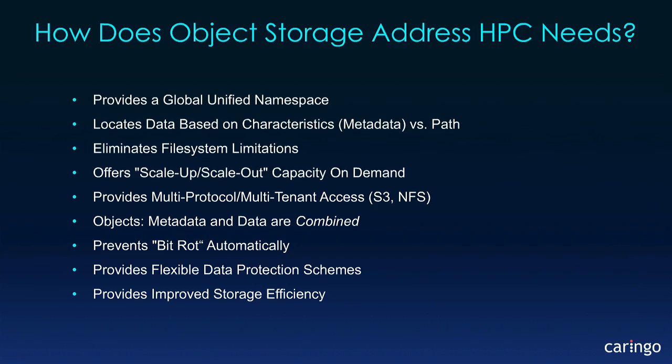Who's the author of it, when was it created, what project is this associated with, which sensor did this come off of, that type of thing. That's what we're talking about with metadata. You want that combined together and managed as a single object for a couple of reasons. One, it allows for highly parallelized access to metadata characteristics for list and query, because all of the systems in the storage cluster are participating in those list and query activities.